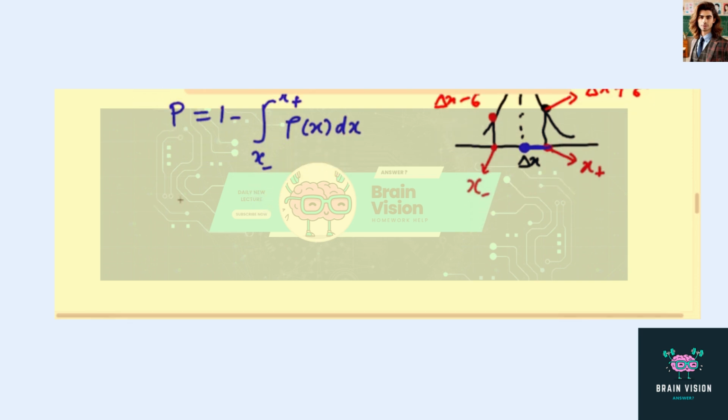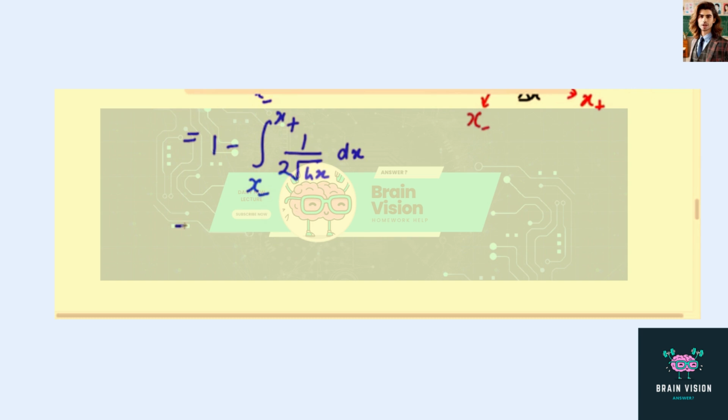Let's find this value. It is 1 minus the integral from x minus to x plus of rho x, and rho x is 1 upon 2 root h x, dx. From here, this is 1 minus 1 upon 2 square root of h, and this is x power minus 1 by 2 dx.